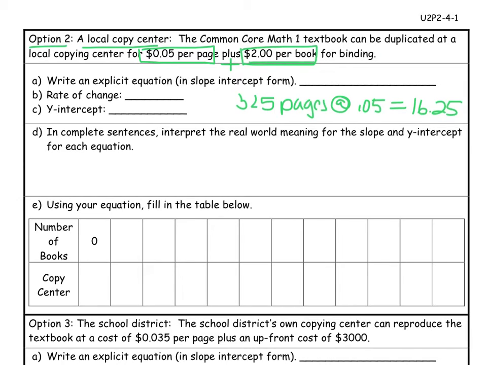But we have to include this $2 per book. So $16.25 plus 2 is going to give us $18.25 per book. And again, our Y is the total cost and X is the number of books. And we don't have any Y-intercept. I'm going to write that in here.